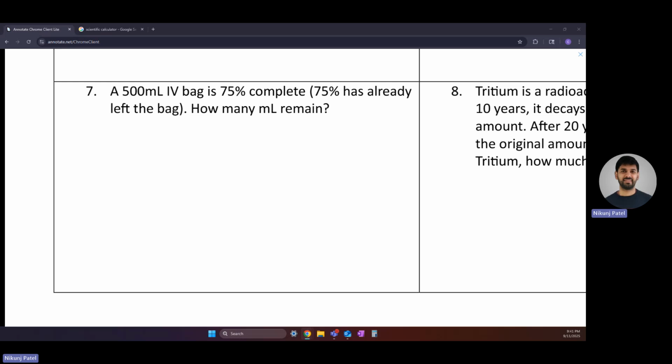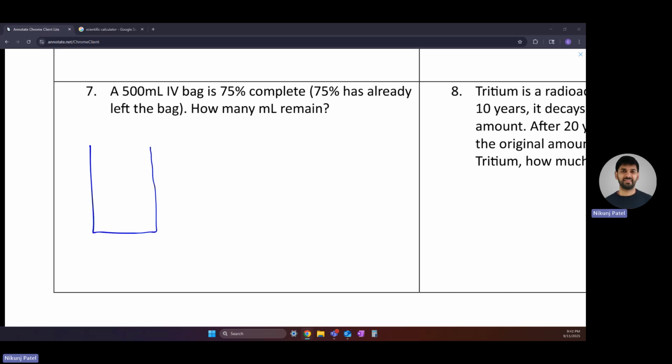Number 7 says a 500 milliliter IV bag is 75% complete, or in other words, 75% has already left the bag when it says 75% complete. How many milliliters remain? Math is oftentimes visual, and it's helpful to think of math in a visual way.